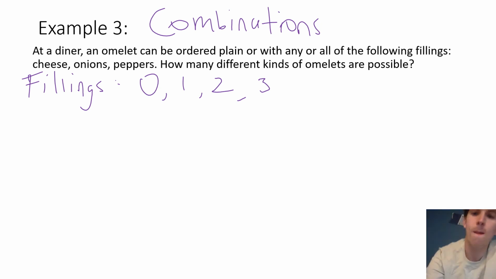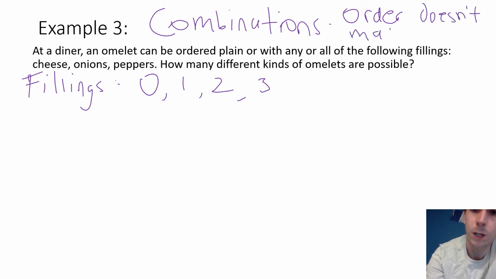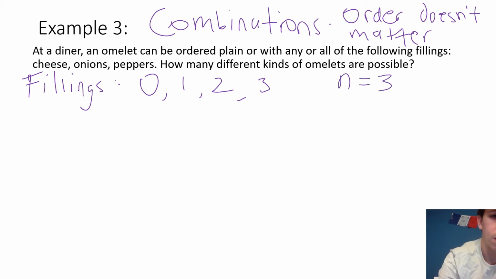So we're just going to be using combinations, with a few different possibilities for the number of fillings. So if the n here is 3, we're going to have 4 different situations for the number of r. So it's going to be set up as 3C0 plus 3C1 plus 3C2 plus 3C3.